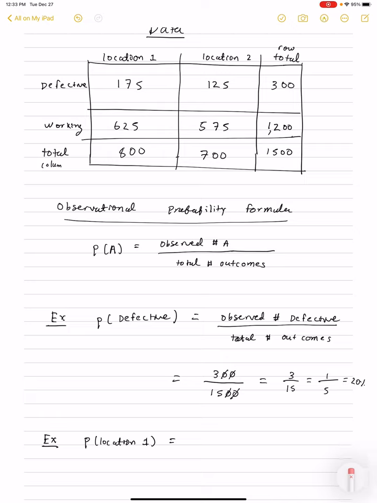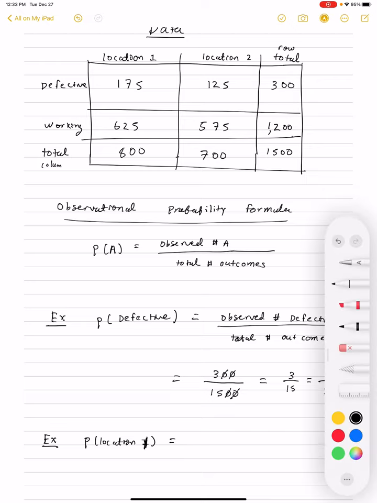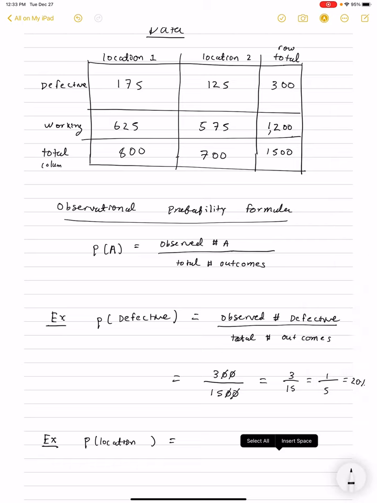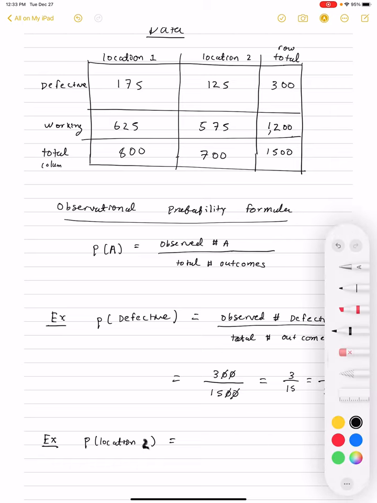So let me change that. Having a little problem here with the eraser. So location 2 now.